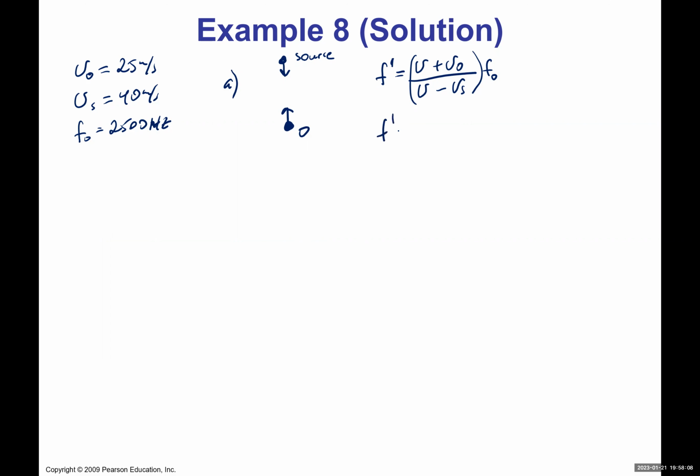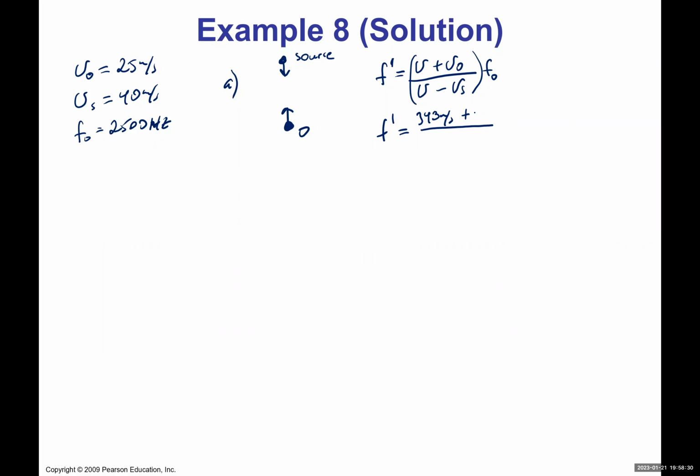So f prime equals 343 meters per second, the speed of sound in air, plus, now I have to look at the signs for the observer velocity and source velocity.